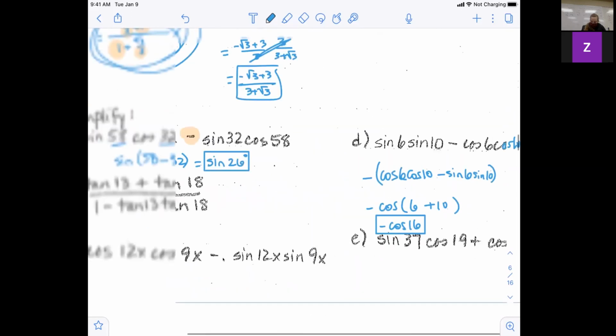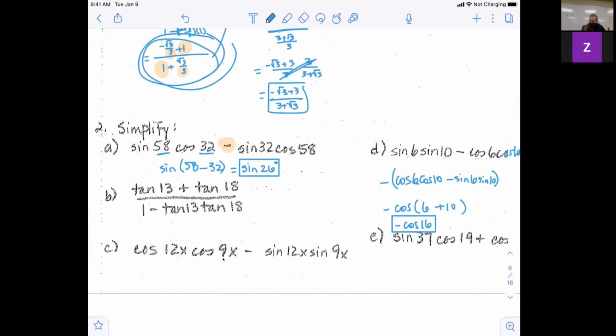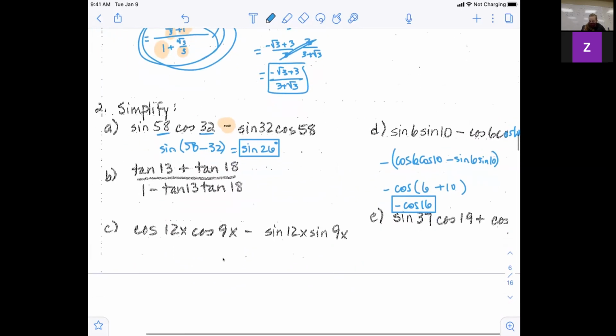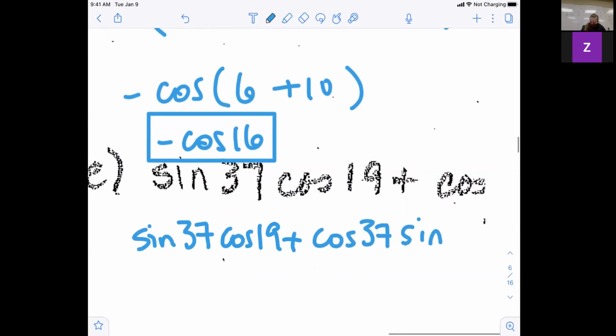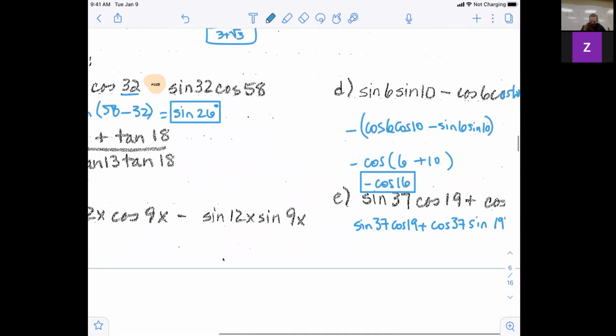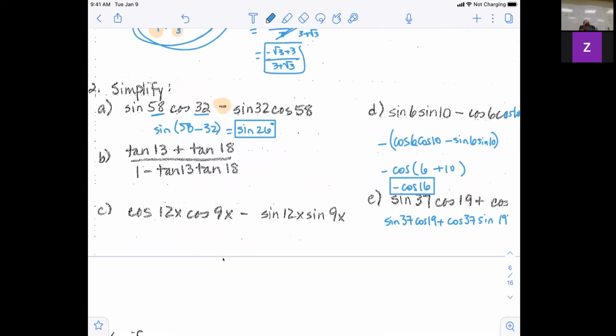I want you to take a minute and try the next three. So B, C, and E. E looks cut off, but I'll write what E is supposed to be: sine of 37 cos of 19 plus cos of 37 sine of 19. So go ahead and try B and C and E, and then we'll talk about it in a minute.